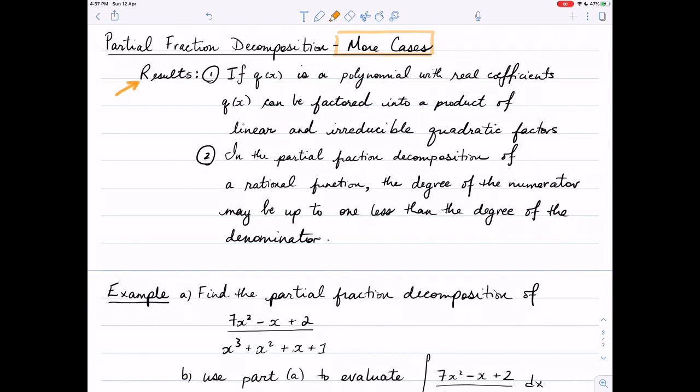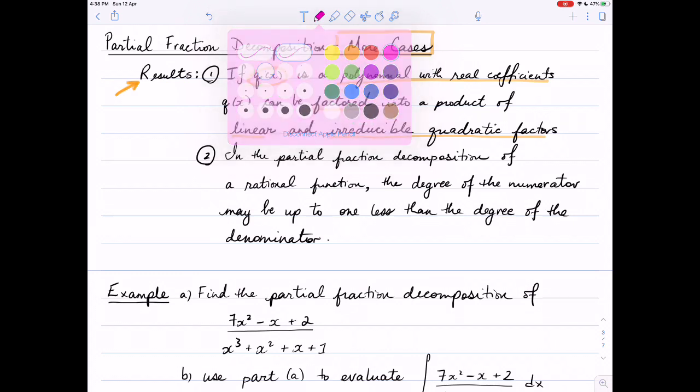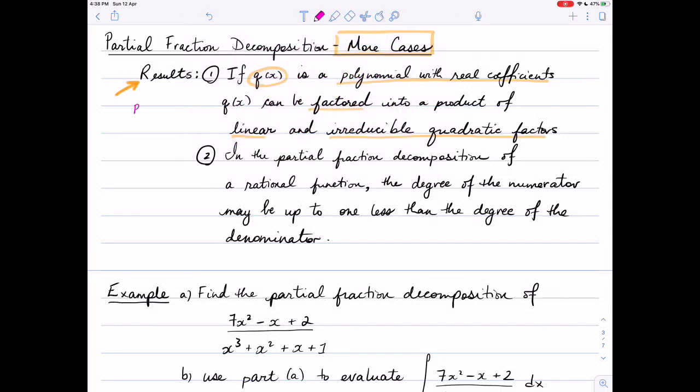So the first result is that if q of x is a polynomial with real coefficients, then q of x can always be factored into a product of linear and irreducible quadratic factors. Right? So we are thinking about q of x being the denominator of our rational function that we want to anti-differentiate.